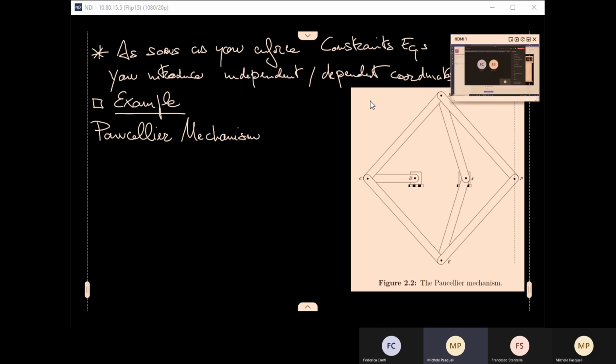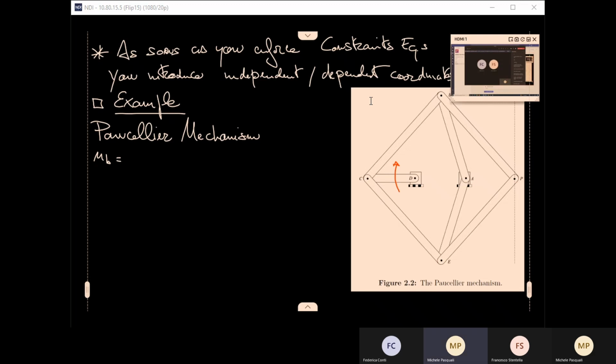So how many bodies do you have? NB, the number of bodies. Please note, in order for you to understand how it works, that this is a mechanism that is meant to convert rotational motion, which is typically exerted here, into a linear motion.